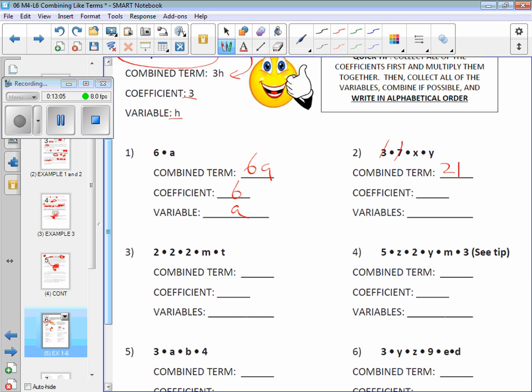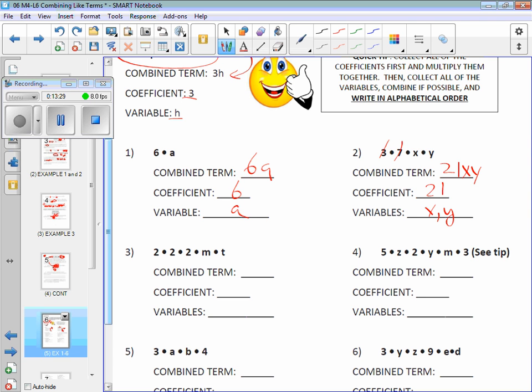Charles. Stephen. XY. That's it. Done. Oh, that's what I did. That's it. I thought you wanted the answer. No, see, there is no answer. When we have variables that I'm not giving you values for, there is no answer. We just got to combine it. 21, x and y. Okay?